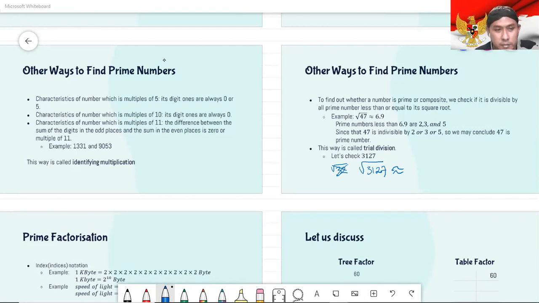Oh, it's about 55.9. Now the prime number below 55.9, we have 53. Now, is 3,127 divisible by 53, can or cannot?